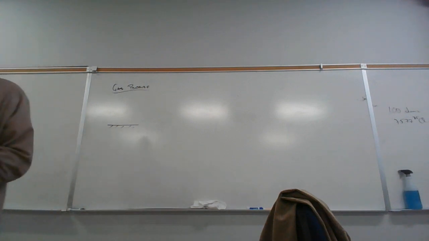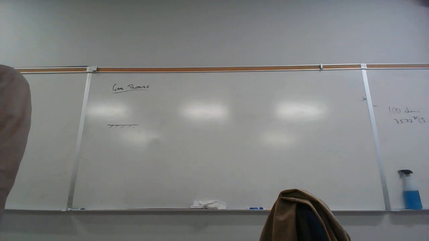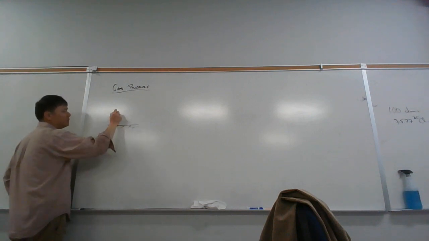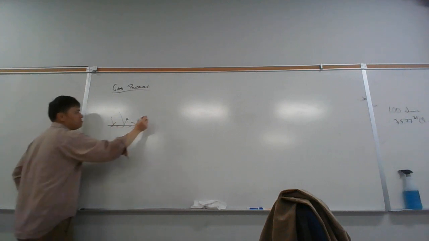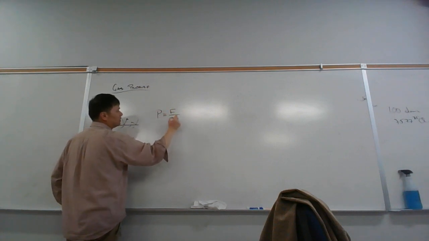A gas consists of a whole bunch of particles in chaotic motion, moving around chaotically. And what's going to happen is there can be collisions. So the gas particle can collide with the wall of a container. And those collisions generate a force. And so pressure is the force of the collisions per unit area.